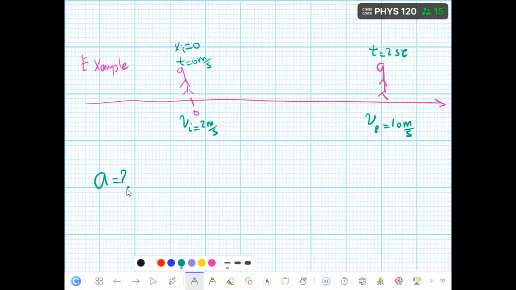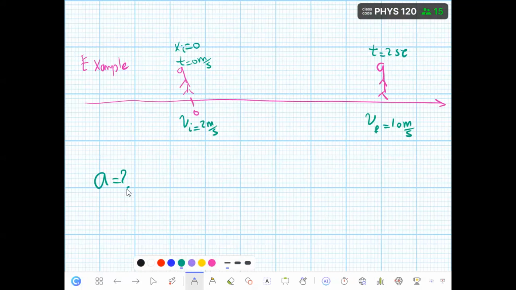Okay. The person was at the origin. His velocity when he was at the origin was 2 meter per second. But 2 seconds later, we don't know where, his velocity becomes 10 meter per second.